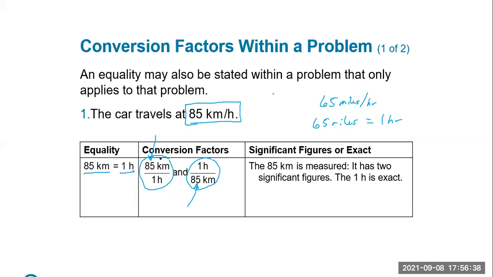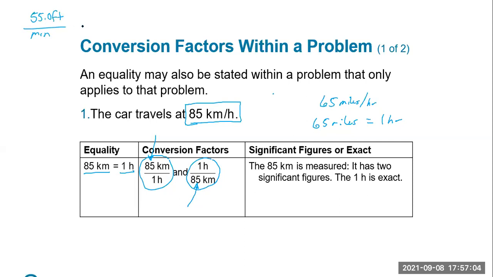And this brings up a good point as well, that sometimes you do have conversions where you may need to convert two different units. So for example, let's say we were doing 55 feet per minute, right?